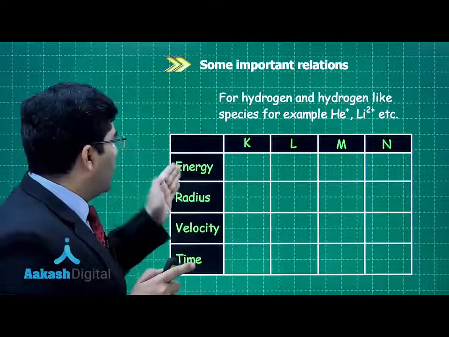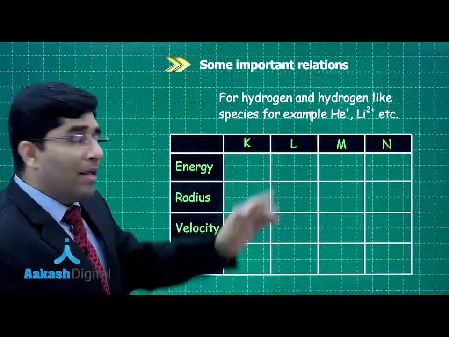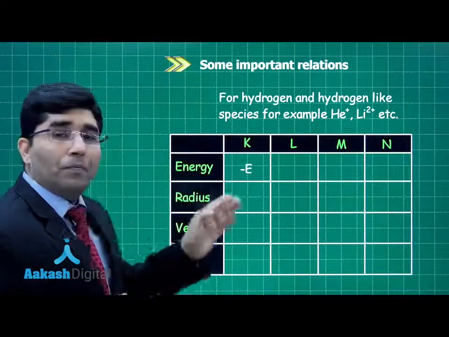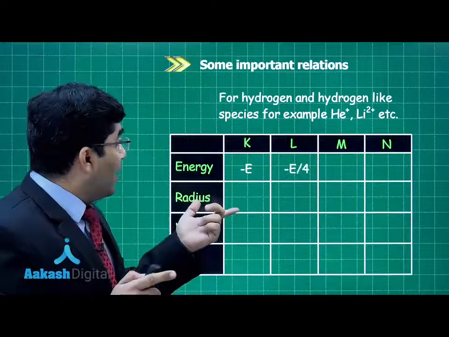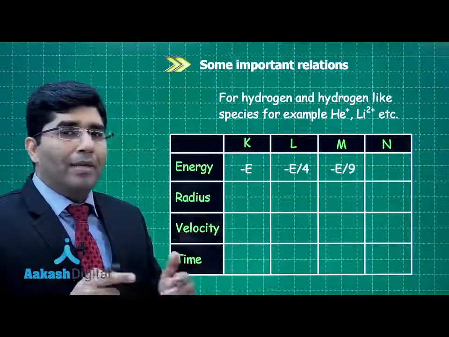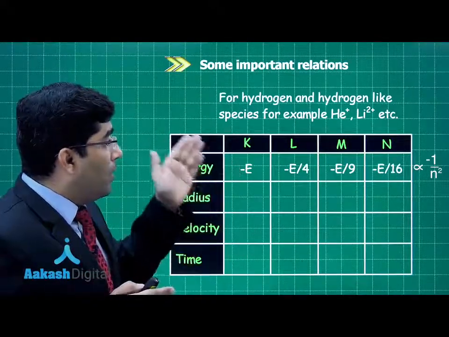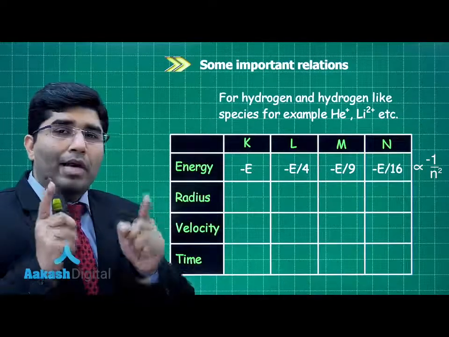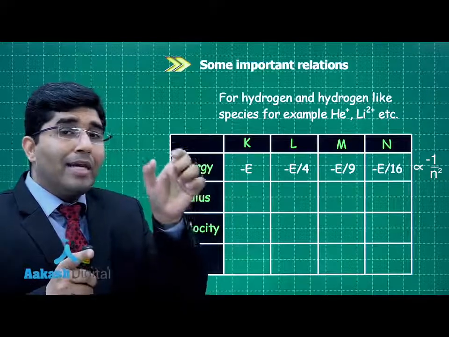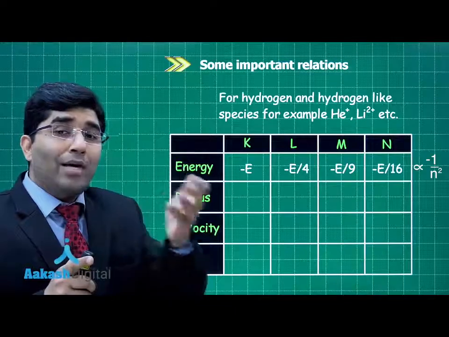Let's talk about energy first. There are 4 shells: K, L, M, N. If the energy in the K shell is −E, then in the L shell it will be −E/4, in the next shell −E/9, and in the N shell it will be −E/16, because energy depends on Z²/n², and as Z is the same but n is changing, n² is changing.